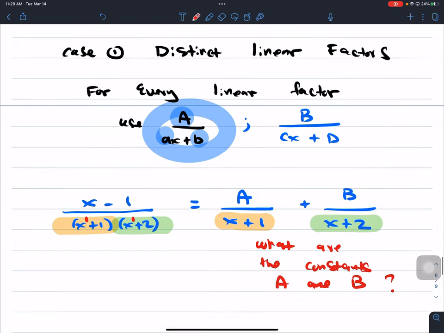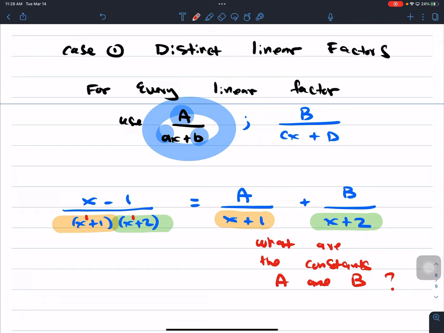So what I want to remind you guys is you're going to now have to find the constants A and B. This is called partial fraction decomposition, and in theory, you studied that in pre-calculus.